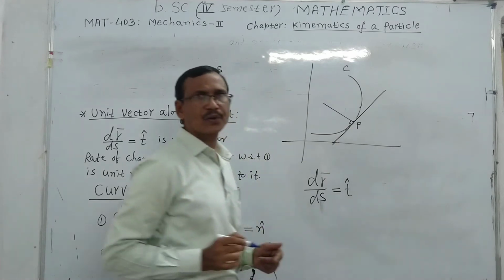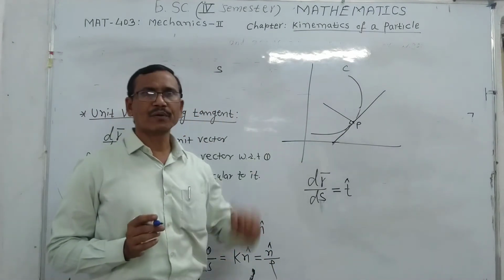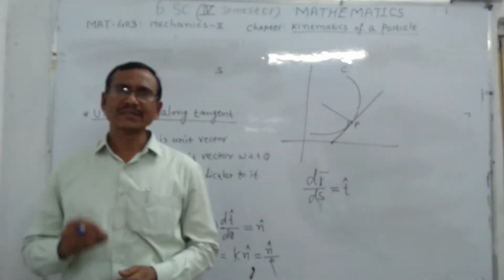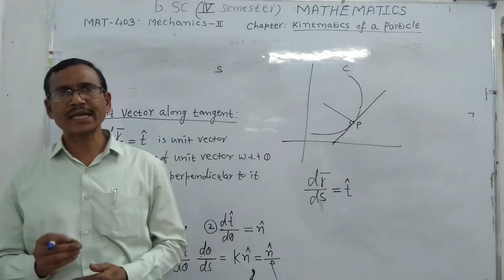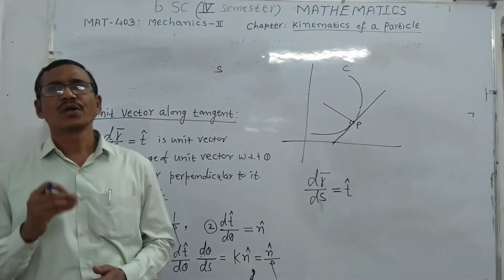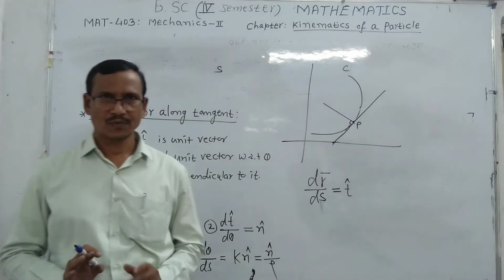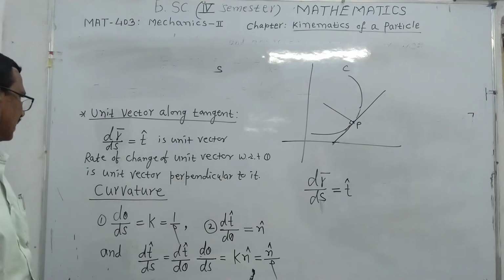As it is perpendicular to the tangent, it is also called the normal. That means the rate of change of the unit vector along the tangent at P is equal to the unit vector along the normal at P. Okay? You have to remember this.